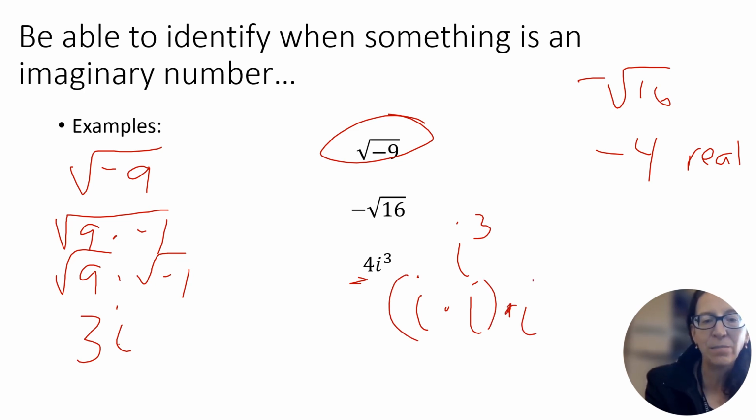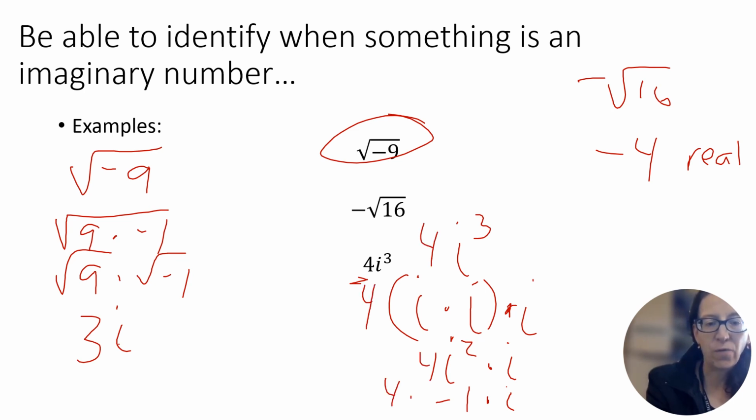But i times i is i squared, and we know from our lesson that i squared is -1. And so 4i to the third is 4 times -1 times i. Well, 4 times -1 is -4, but notice that the i is still there.